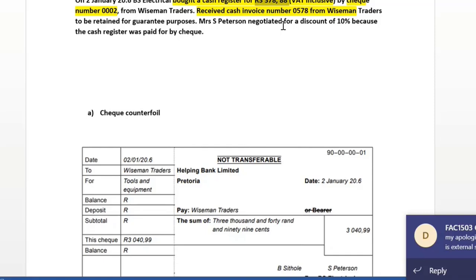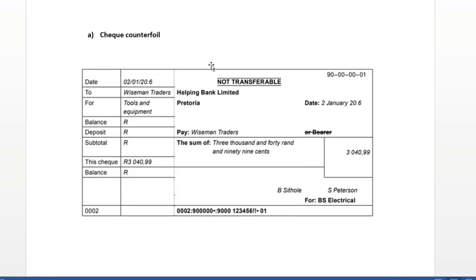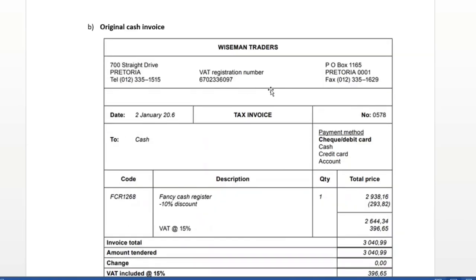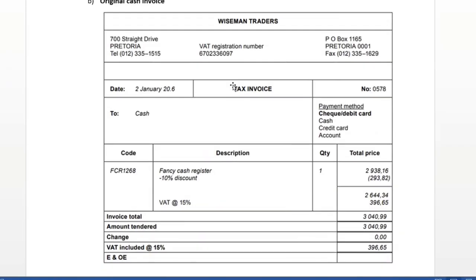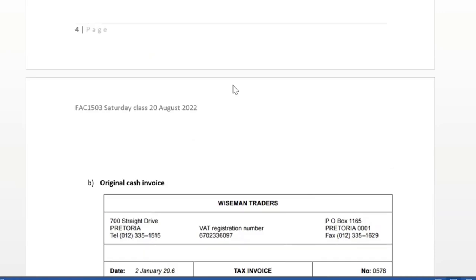So basically you're saying the original cash is an external source document, noted. So guys, the check counterfoil and then another source document is the original cash invoice.